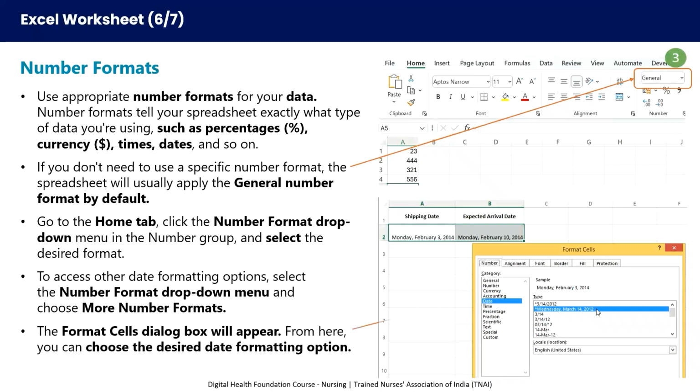For example, if you are entering dates or financial figures, it's important to use the correct format so Excel can interpret the values properly. Need more formatting control? Click More Number Formats to open the dialog box and customize your data presentation. Using the right format ensures better readability and accurate calculations.